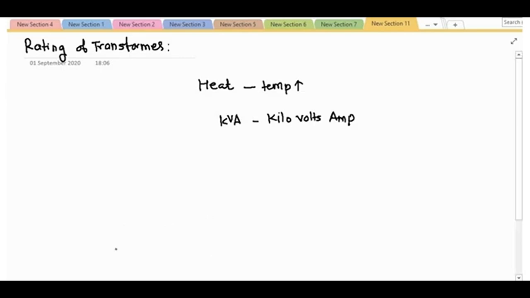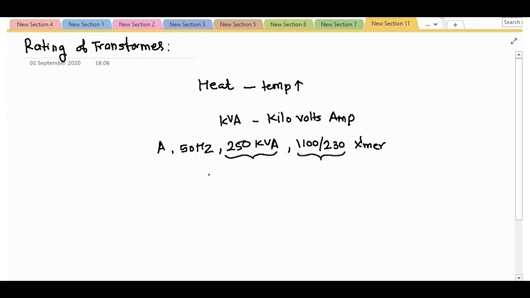So consider an example of a 50 Hertz, 250 kVA, 1100 by 230 volt transformer. This is the rated capacity of the transformer, and these are the primary and secondary voltage ratings.